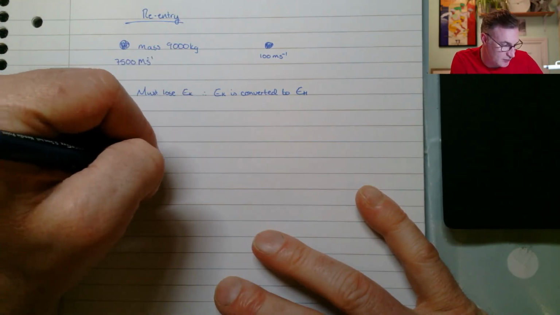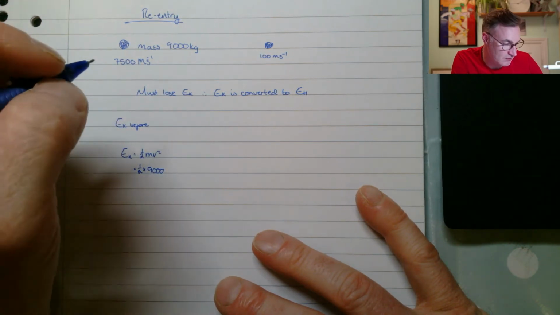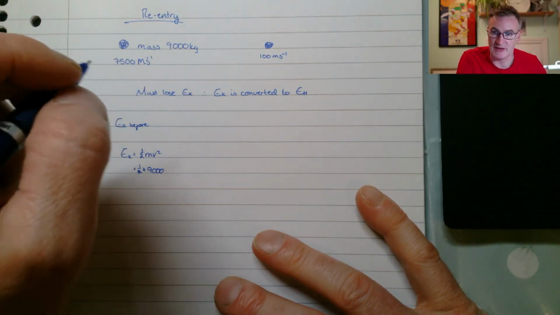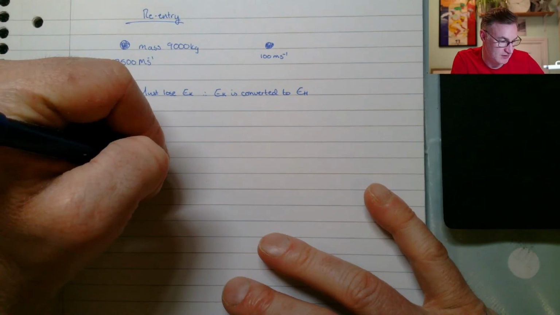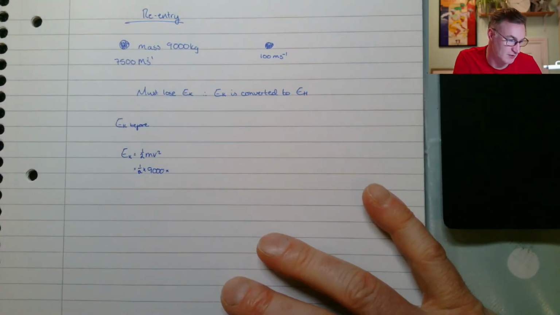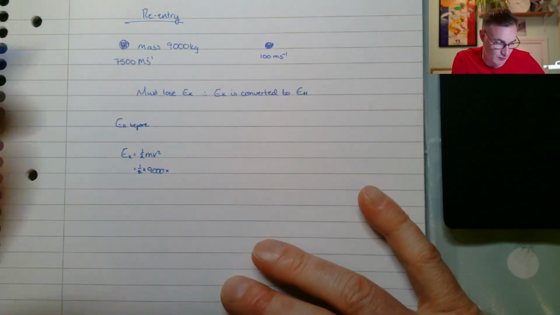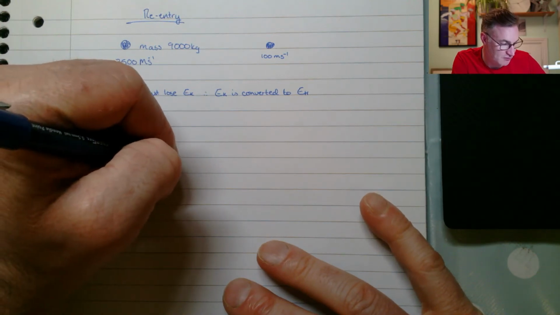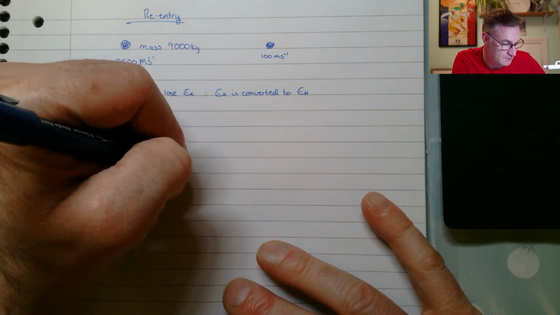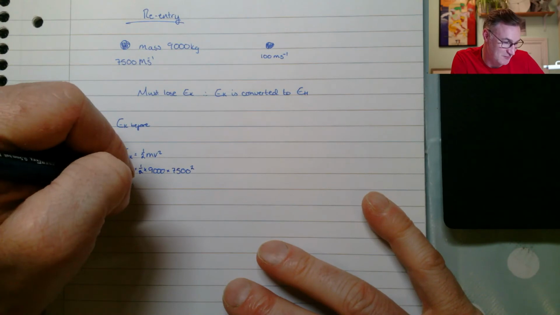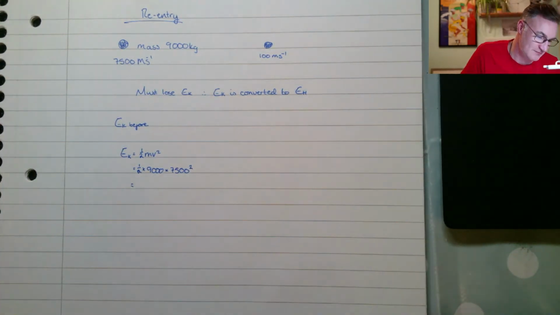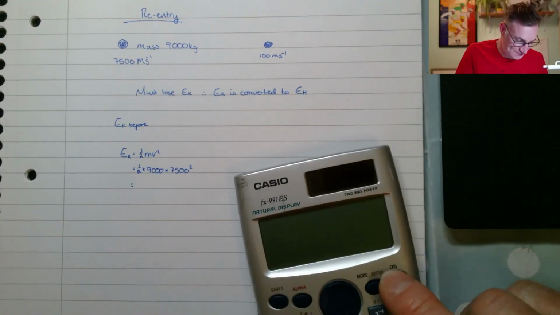Now, if we're talking about the Space Shuttle, I made 9,000 up. I have absolutely no idea. I probably should go and pause the video and look it up, but I won't. I've already done it now. I just made it up. It's got to be about right.